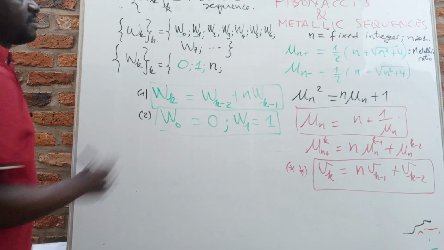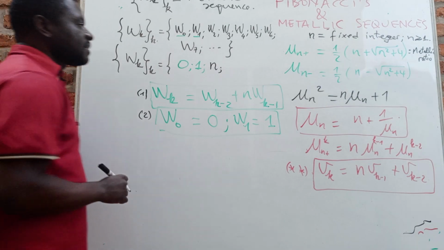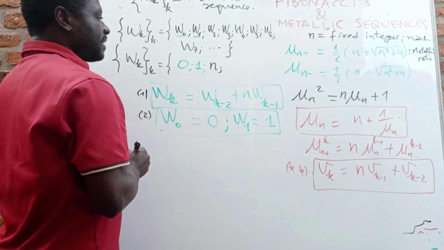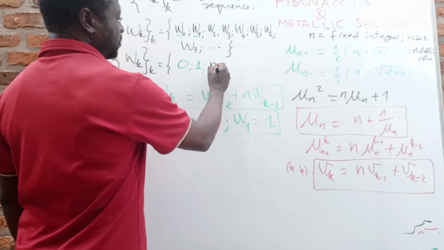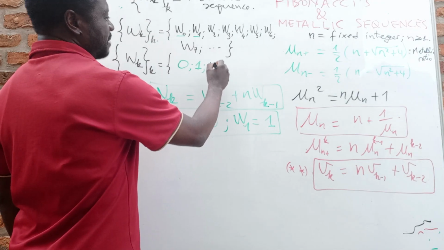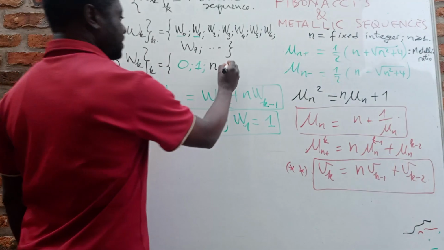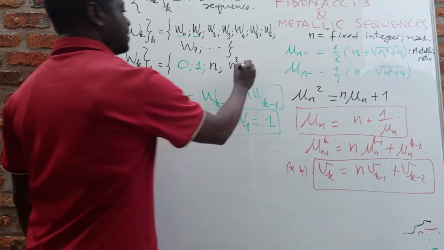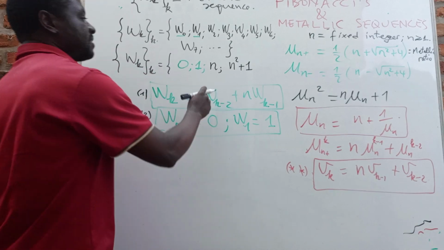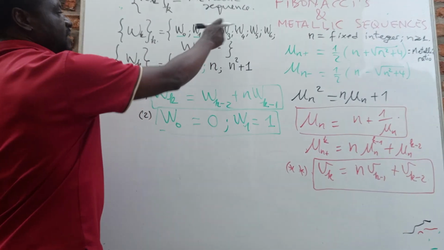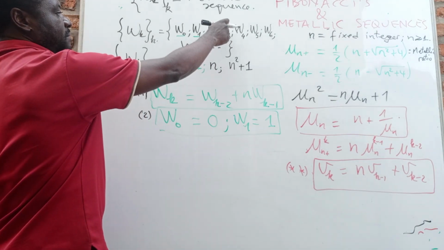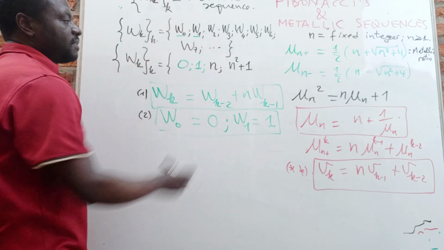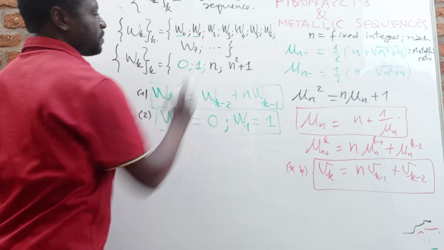And I add 0, no change. Next, I take this term, multiply by n, and it becomes n squared. Then I add this term, and in that case I get this fourth term: first, second, third, fourth.